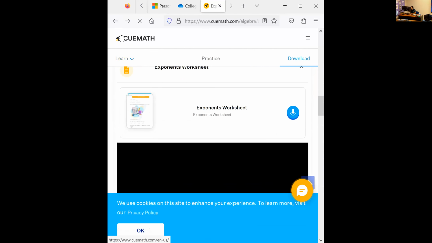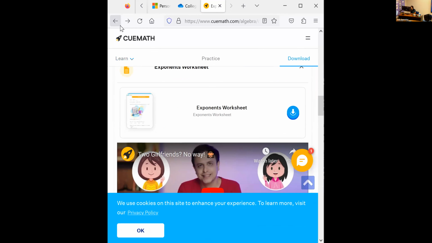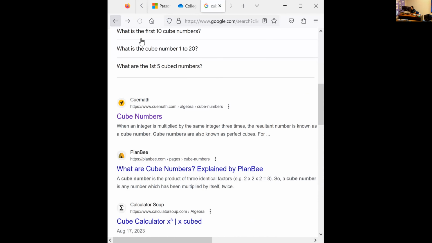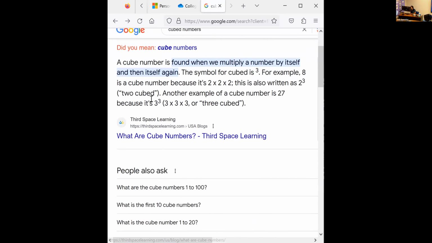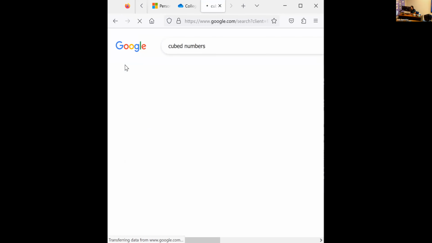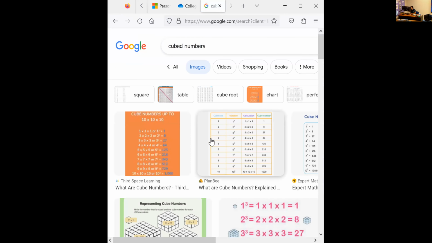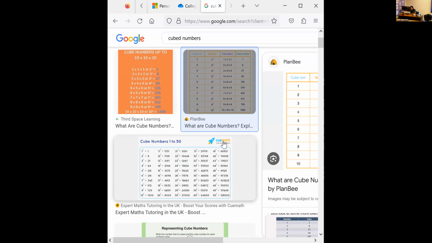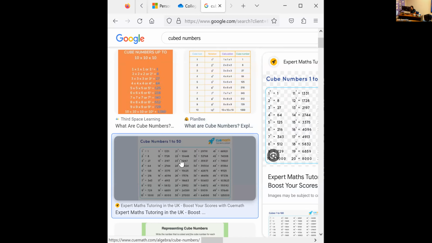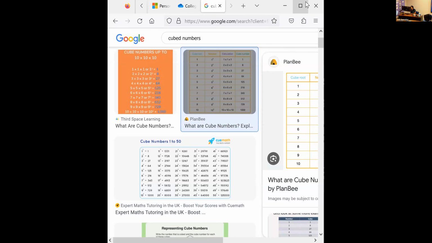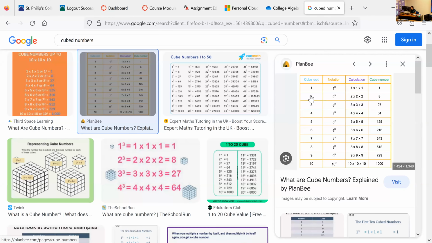Adding images is the way to go. Yeah, these tables. Do you remember these tables from way back when? These are all the cubes. Oh, here they are. Can you see this?